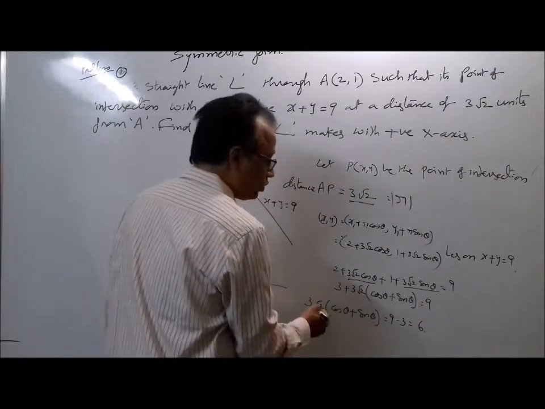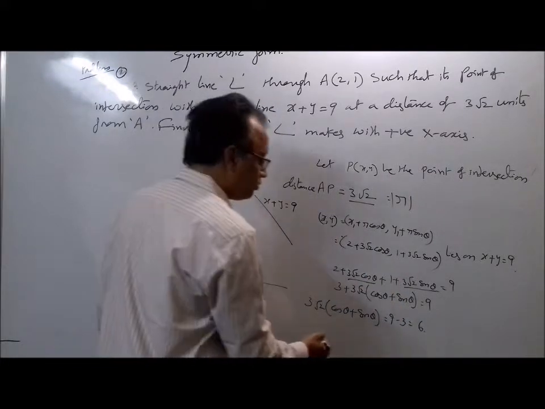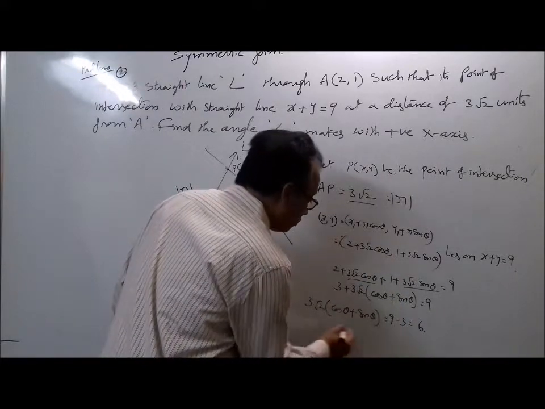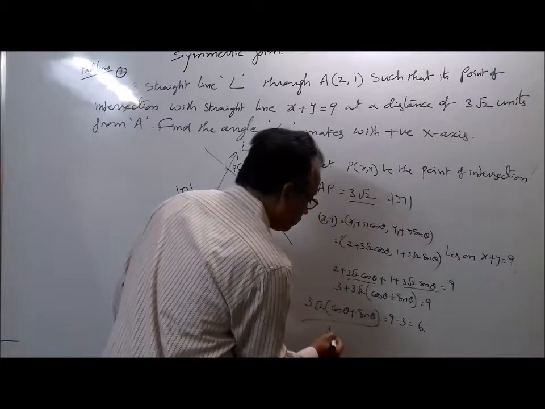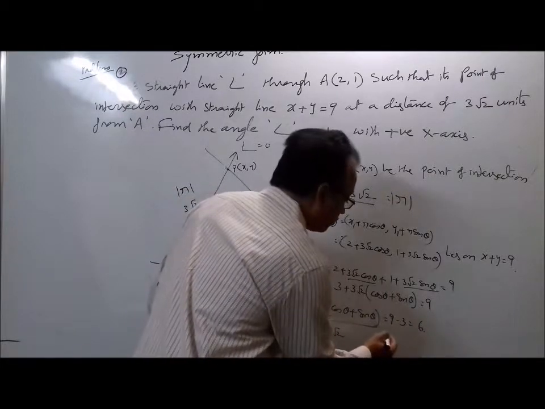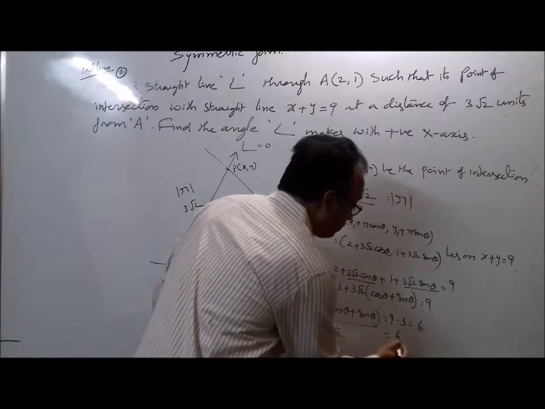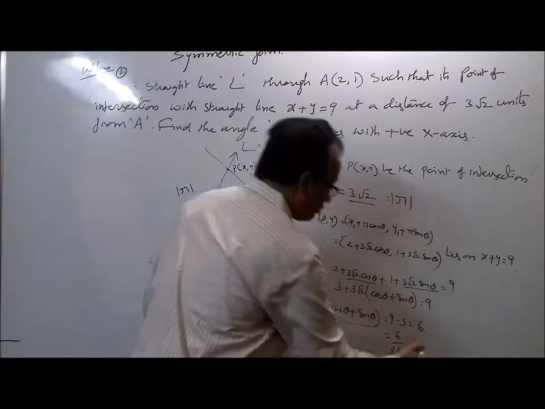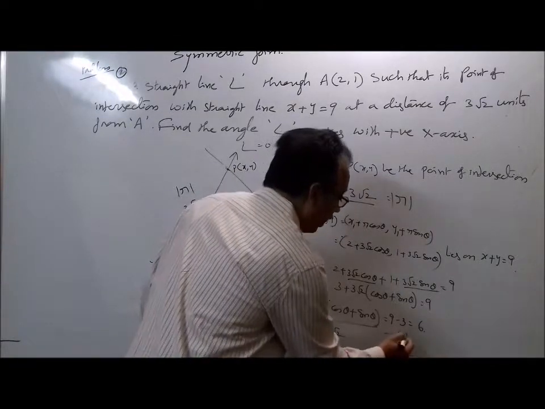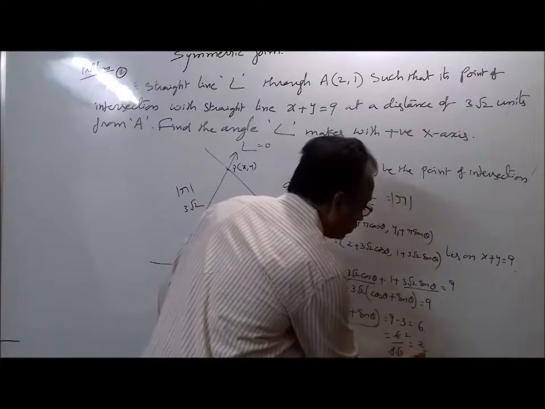Now I divide 3 root 2 on both sides, so I write 6 by 3 root 2. The 3 2s cancel, so 2 by root 2.